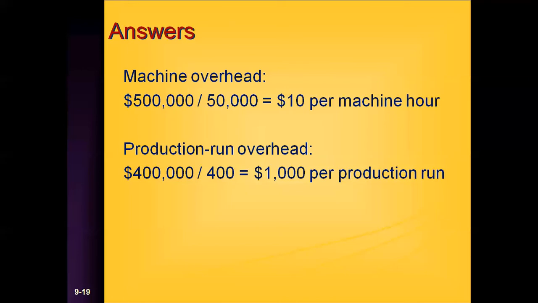So you would take that $500,000, and they estimated that there would be approximately 50,000 machine hours in the period. So your overhead rate or your cost driver is approximately $10 per machine hour.